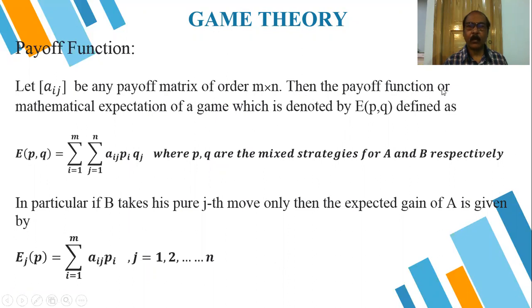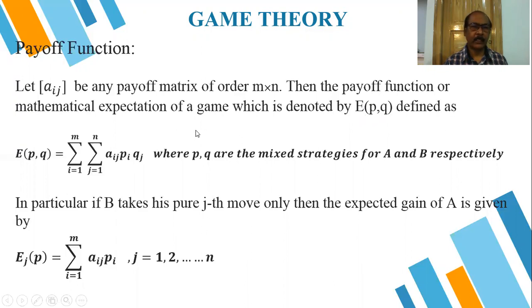Then the payoff function, or the mathematical expectation of a game, is denoted by E(P,Q). E is the notation of expectation, the mathematical expectation related to probability.